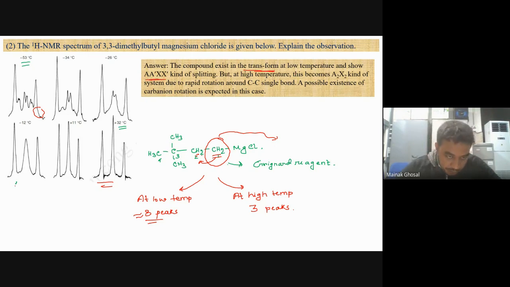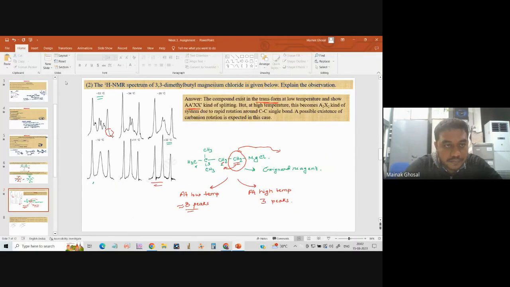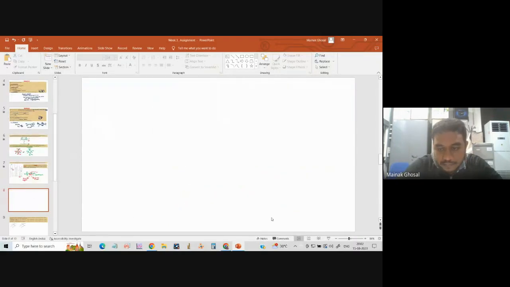Okay, so if I draw a Newman projection, take a new slide, that will be helpful for you. So what I was telling, this compound, okay, so this is the compound.